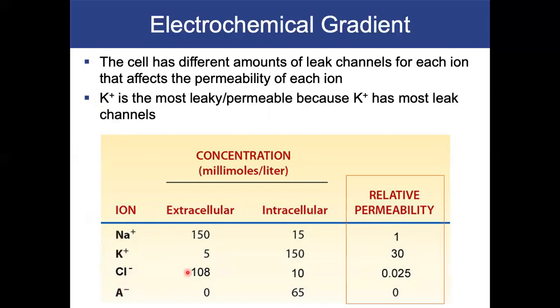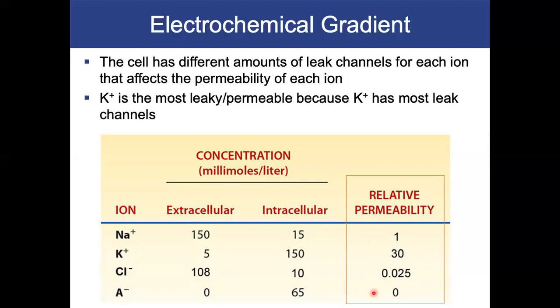Again, here's the extracellular concentration, here's the intracellular concentration, and here's the relative permeability. Notice that the permeability of the membrane for potassium is 30 times the permeability for sodium. So that tells me that those cells have a lot of potassium leak channels and not very many sodium leak channels.